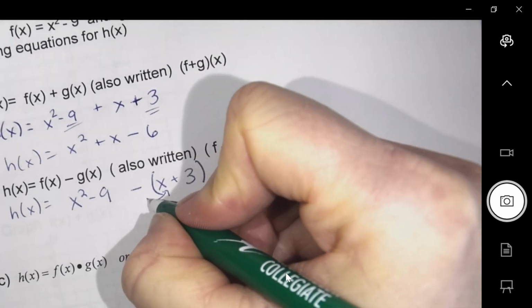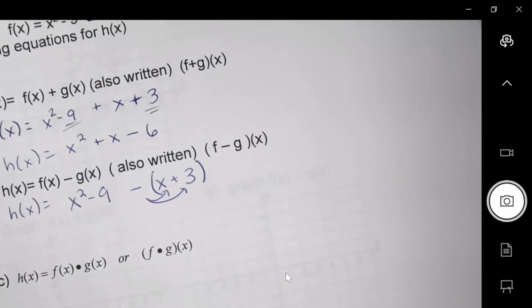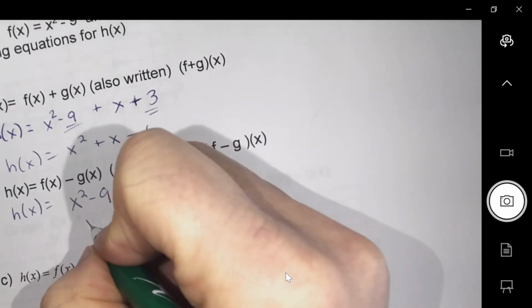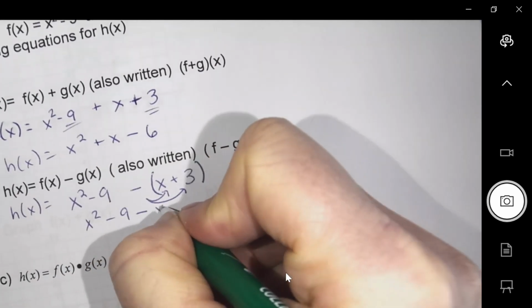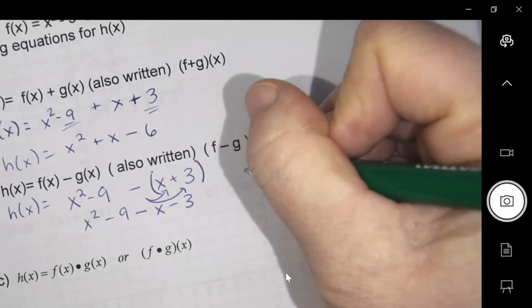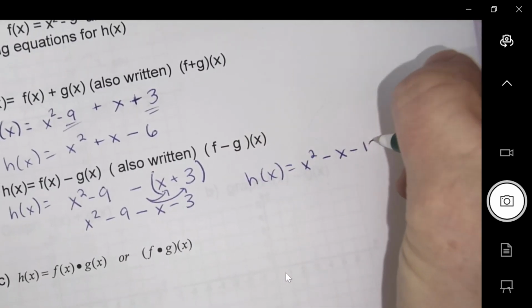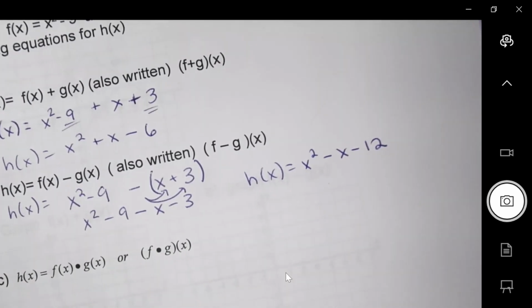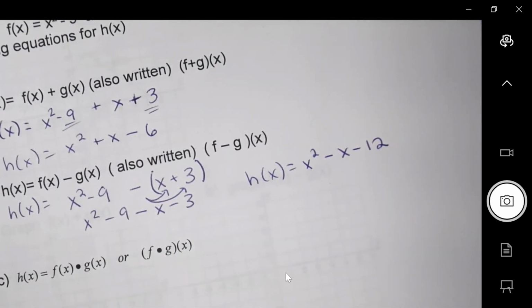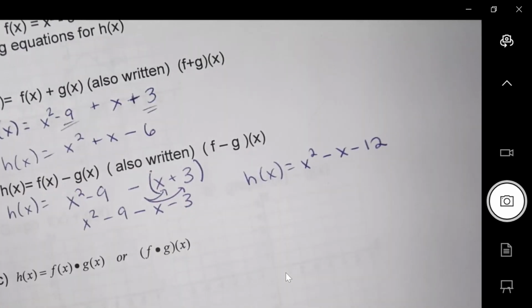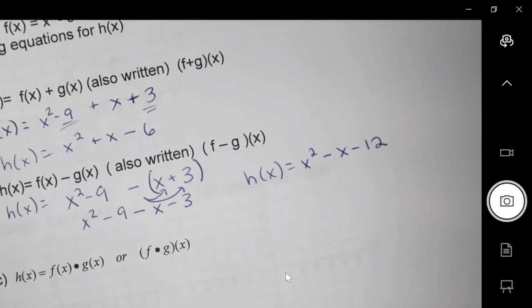But subtracting causes everything from that unit to change. Okay, so I don't know if you want to star that and make a note when you're studying. Make sure when you're subtracting, you're doing that with brackets.